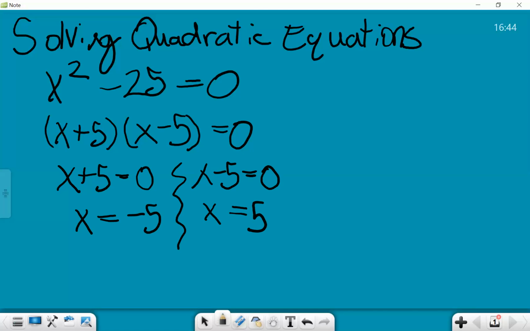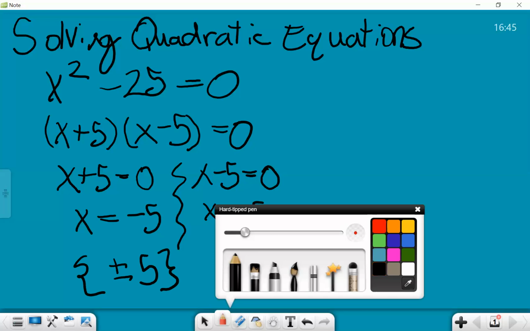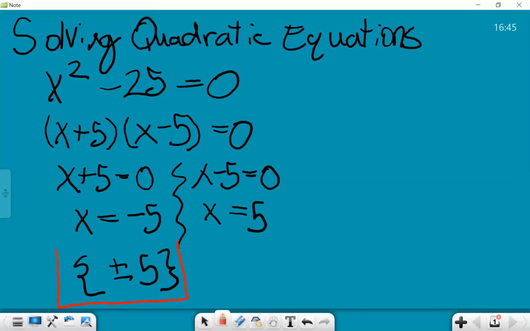And just like I'd said before, I'm going to hold myself to the standard that I put that in set notation. So the solution to this equation is x equals plus and minus 5.